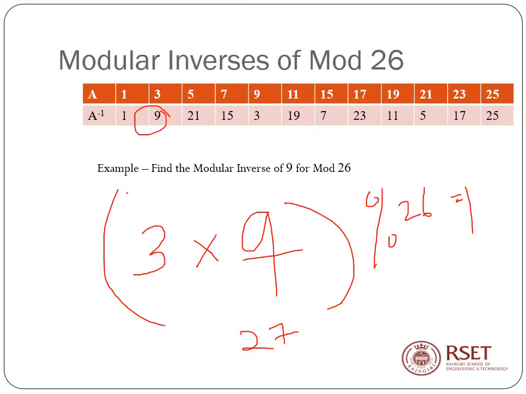Similarly for 5, you multiply some number with 5 and perform mod 26, and you should get 1 as the answer. What is 21 into 5? You will get 105, right? What is 105 mod 26? You will get 1 as the remainder. So this is the multiplicative inverse. Hope you could see that the values you get here and the values you get here are just rearranged.